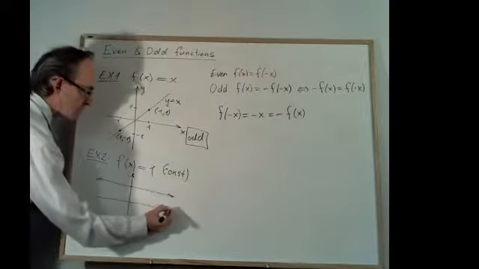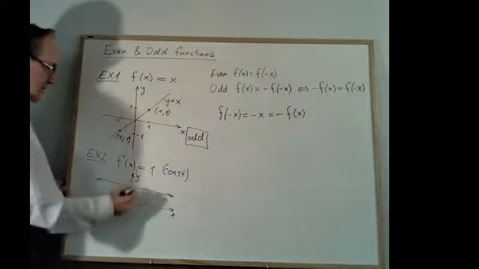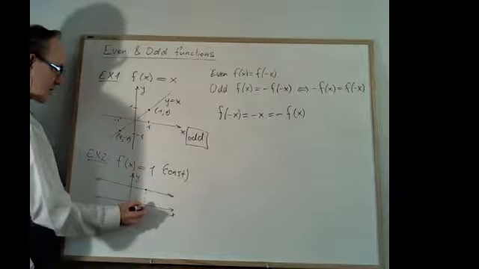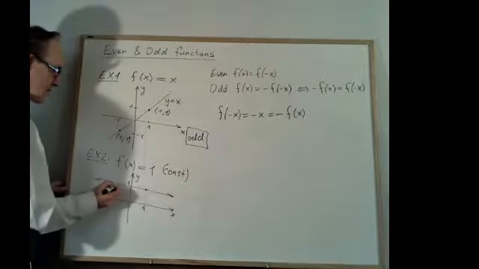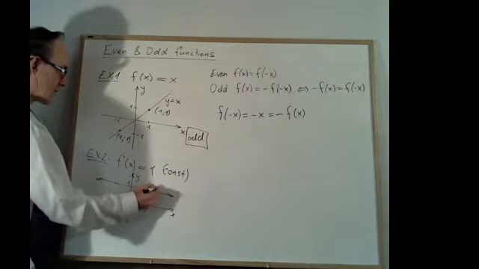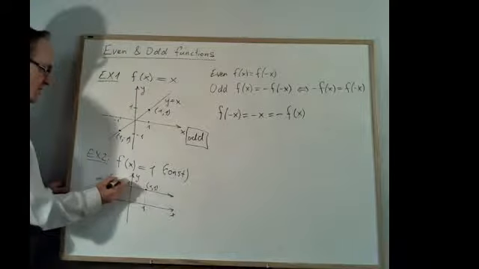So there's the graph. Now we can see that any point over here namely 1, 1, has a counterpart obtained by reflection through the y-axis, -1, 1.